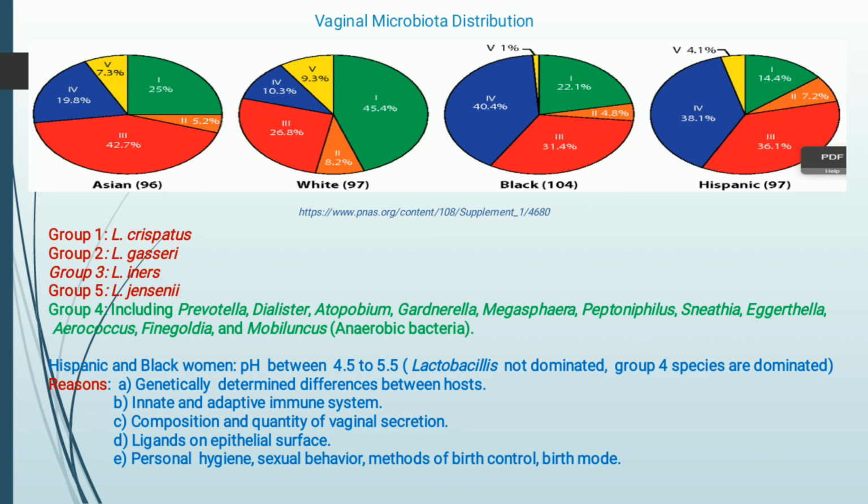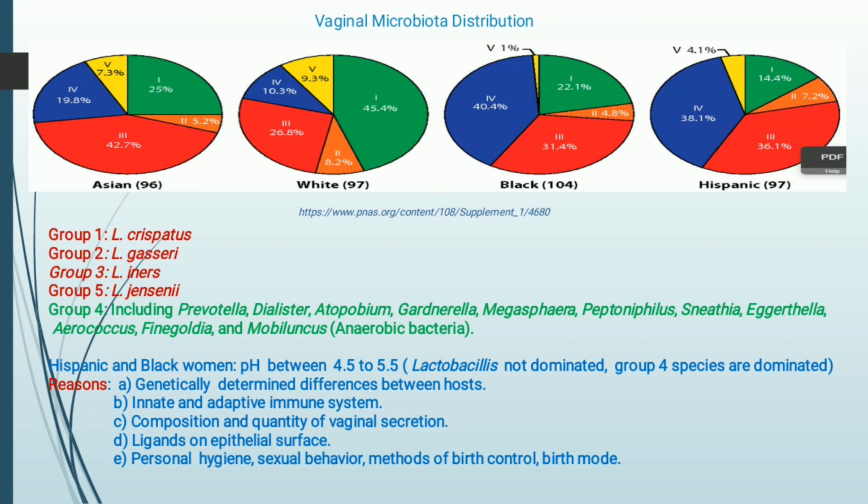So you may be confused now about what the criteria is for a healthy female and for an unhealthy woman. Basically we can't say that if a female has a large number of anaerobic bacteria, then that female should definitely be diseased. No, it's not the criteria.